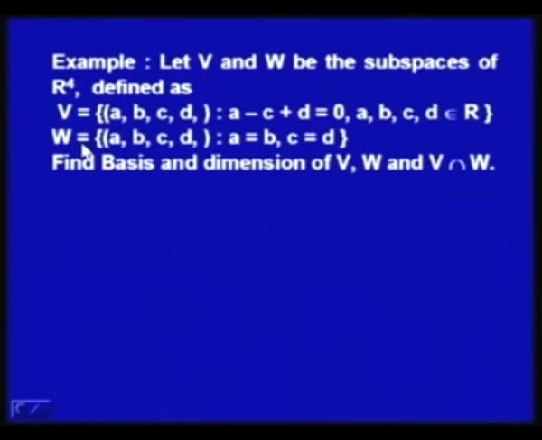The other subspace W is equal to A, B, C, D following this constraint A is equal to B and C is equal to D. So, the question is find the basis and dimension of V, W and V intersection W.